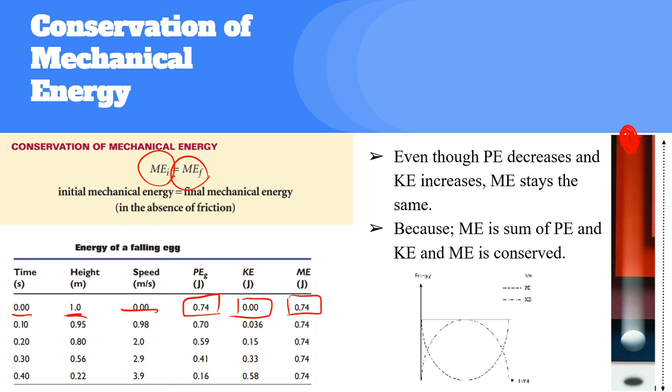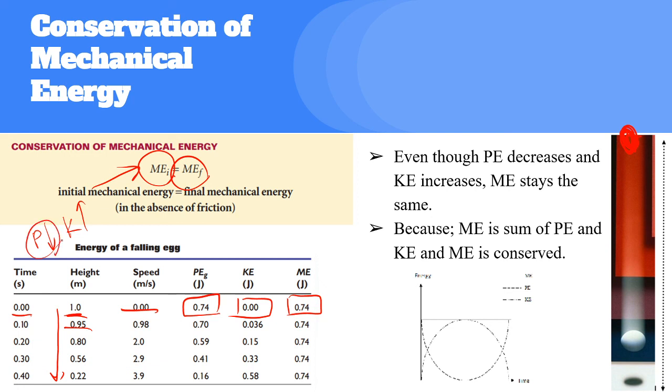And once it's dropped, what's going to happen? It's going to fall down, so its height is going to decrease. But as it decreases, what's going to happen? We said the mechanical energy is going to be conserved. Height is decreasing, so your potential energy is decreasing. But what is the other energy that we have in the system? Kinetic energy.